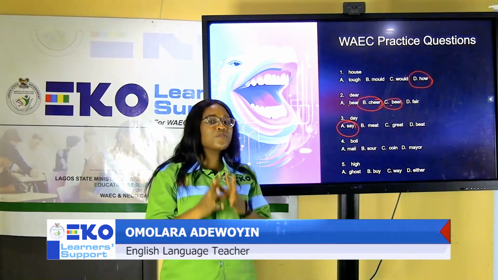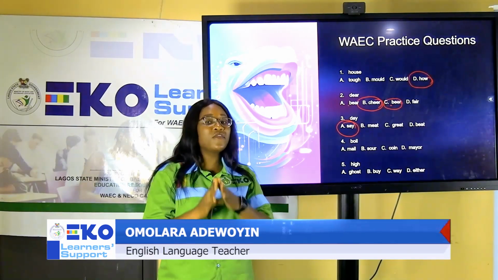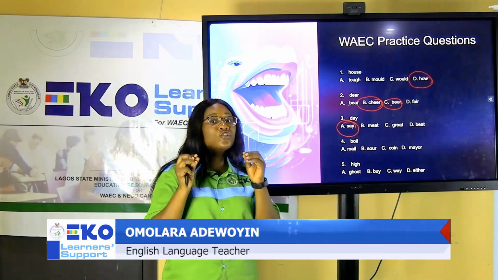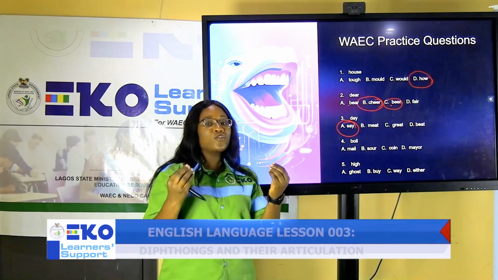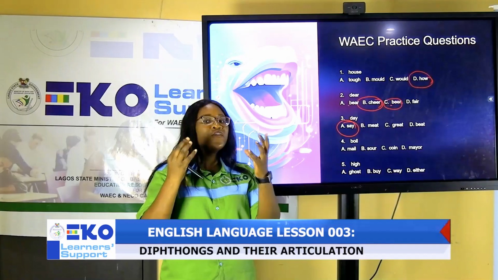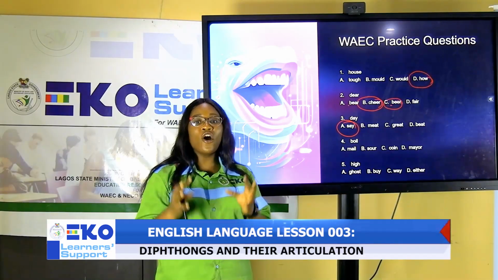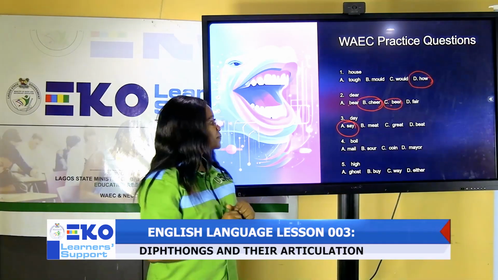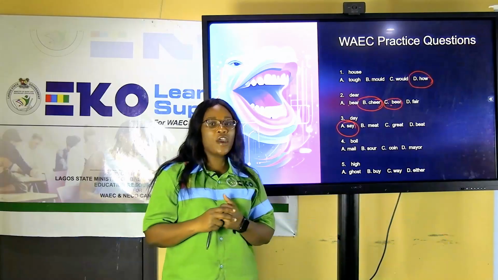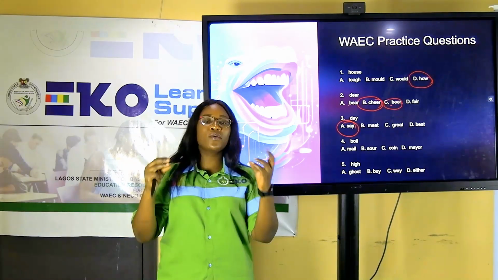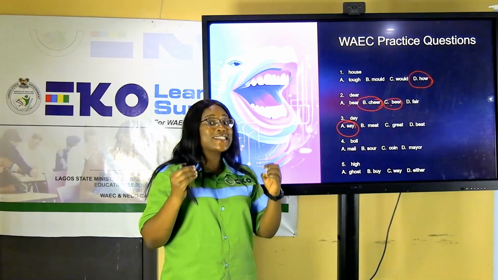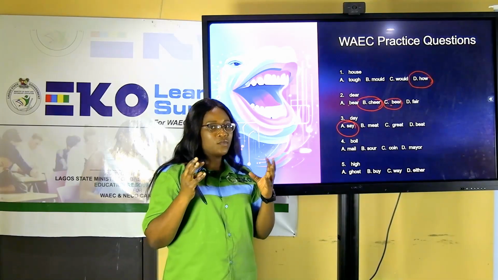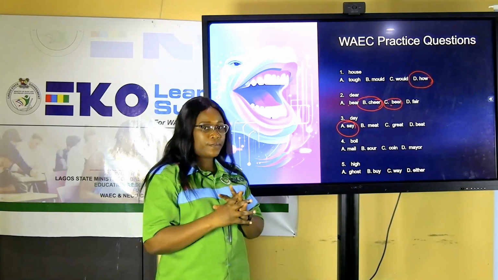Remember, always read instructions at the beginning of every section so you know what to look out for. When you are working with vowels, listen for the vowel sounds before you select your answer. Good. So we have oil. Remember, we're working with diphthongs and we're trying to pick out the one that has the same diphthong as the one in the given word.